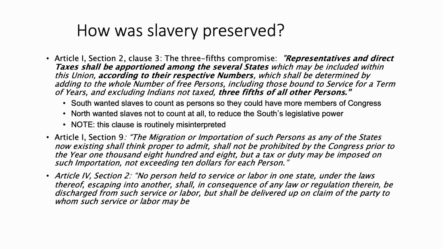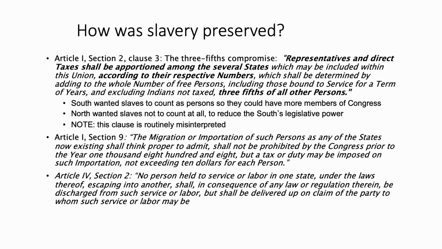And the idea here was that the South wanted to give no rights of personhood at all to the people they classified as slaves, or we would call enslaved persons today. They wanted them to have no rights. However, the South did want them to count for purposes of allocating representatives in the House of Representatives. So they wanted to have it both ways.